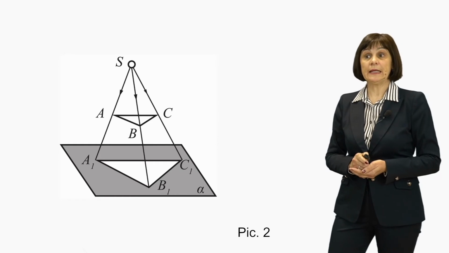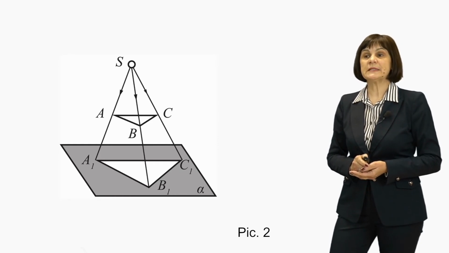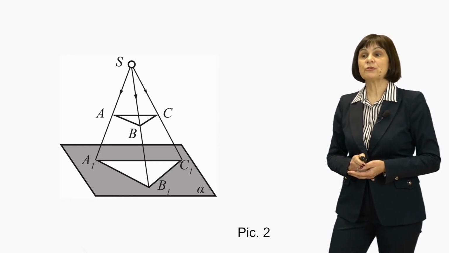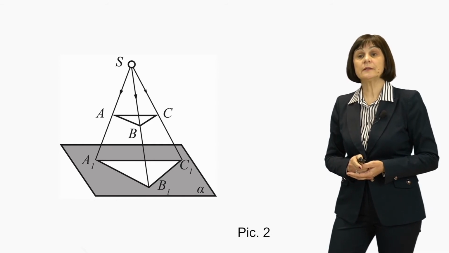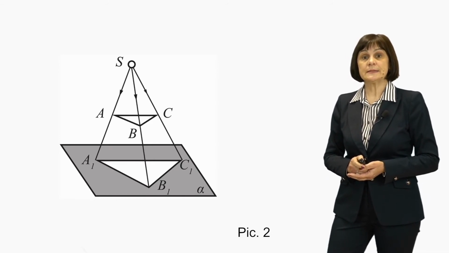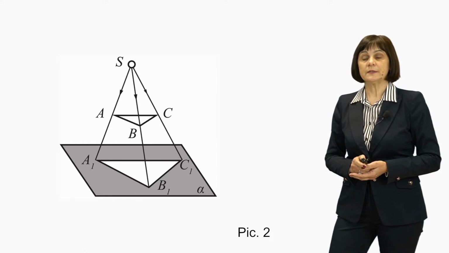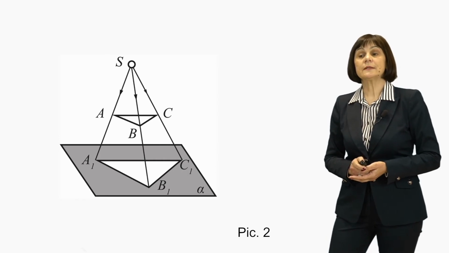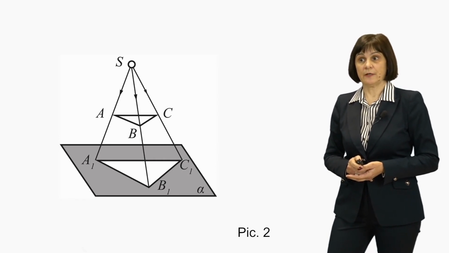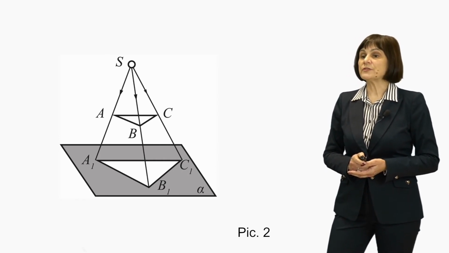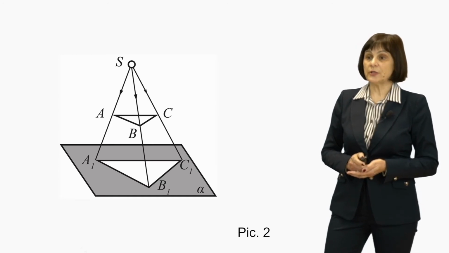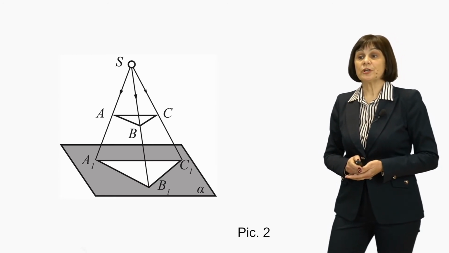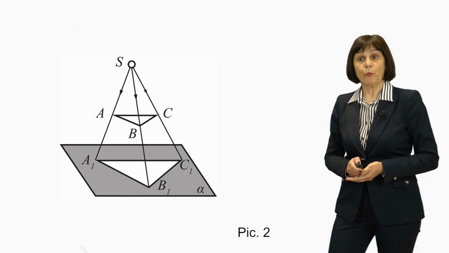On the plane alpha, we have obtained the central projection of the triangle ABC. But it is not necessary to project all the points of the figure to construct a shape of this figure. The projection of a straight line is determined by the projections of 2 points.